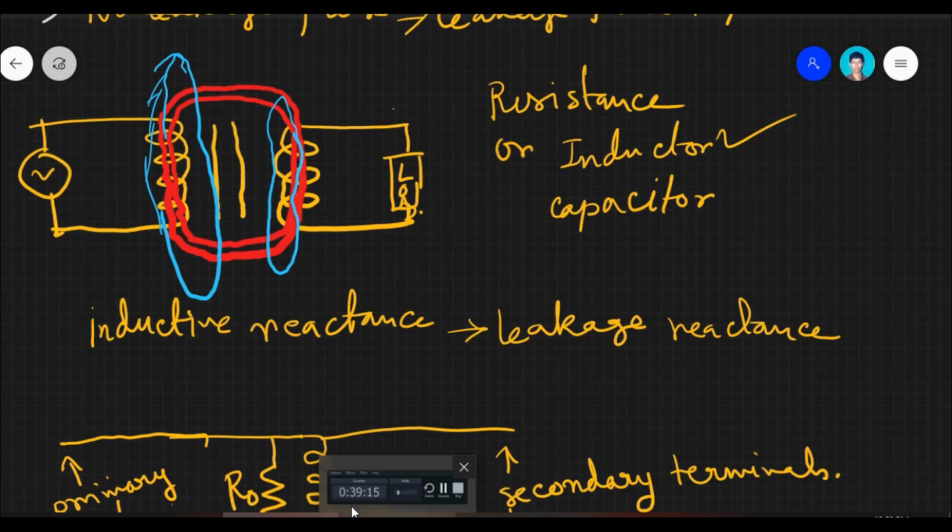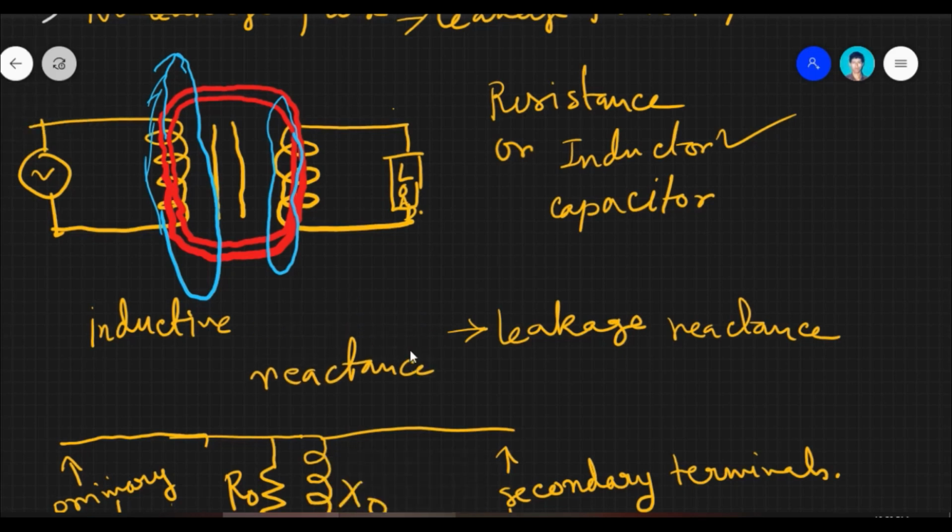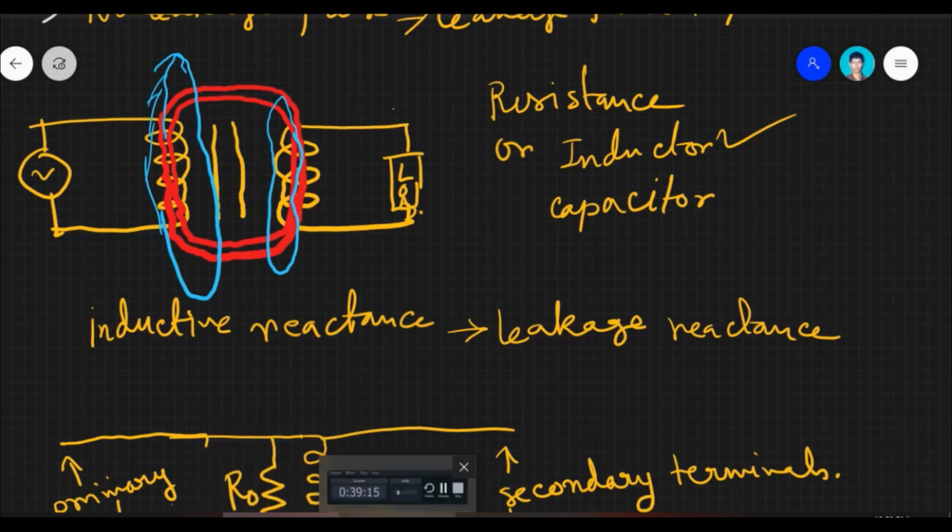Why? Because it is leakage, it can't link with both the windings, and it is our primary assumption that whatever flux is produced links both.